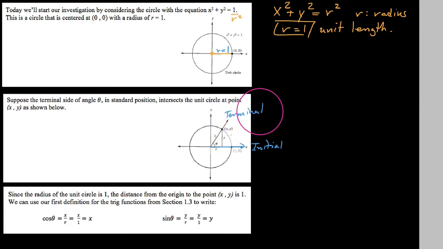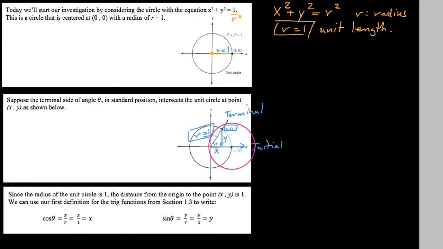If we have some point x, y on the terminal side, we can describe this as a right triangle, where y is this dimension, x is this dimension, and this thing right here we've been calling r. It's just that in this case, and this is very profound, our r value is 1.